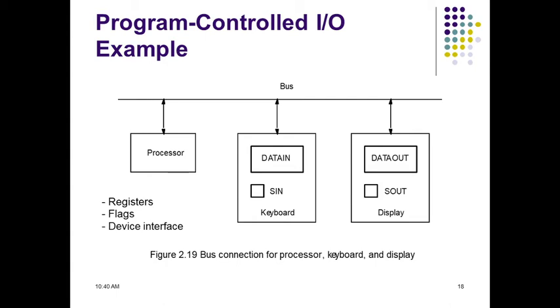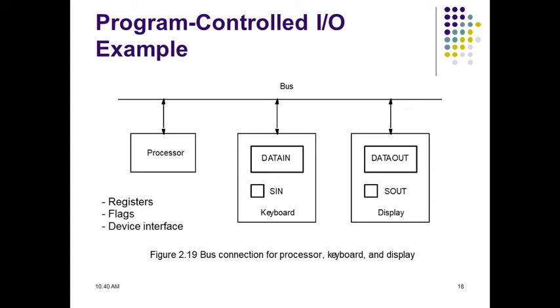To inform the processor that a valid character is stored in DATAIN, there is a status control flag, SIN, which is set to 1. If SIN is set to 1, it indicates that a valid character is stored in DATAIN, the buffer register.